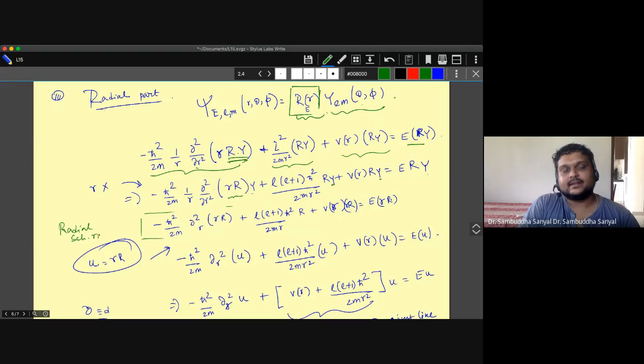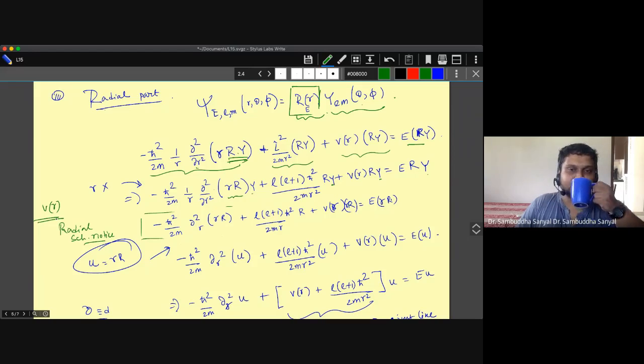Notice that this part is where all the interesting things come from. All the variety of solutions of this problem will come entirely from this part, because we are dealing with potentials of the form V(r). The theta phi part will not change at all anywhere, it will stay exactly as it is.